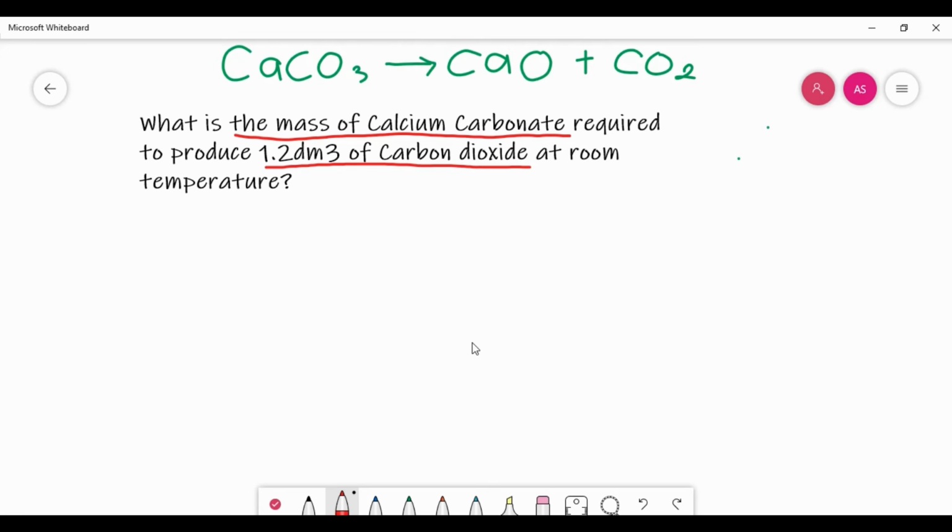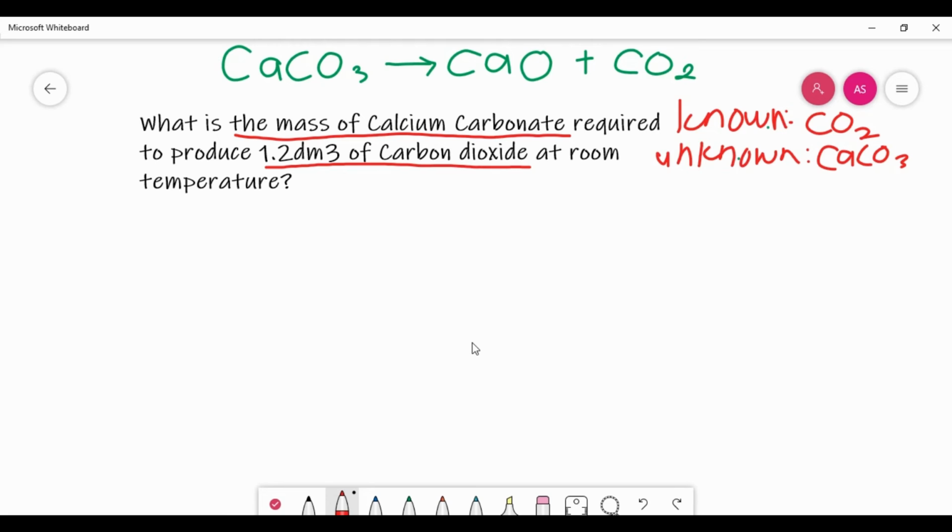So, daripada sini kita tahu yang kita punya known kita adalah CO2. Sebab the question has already given us the volume for carbon dioxide. And the unknown adalah benda yang kita nak cari, that is calcium carbonate, CaCO3.